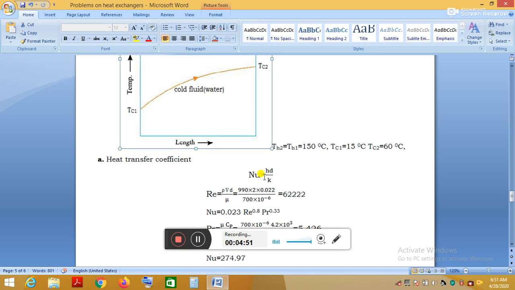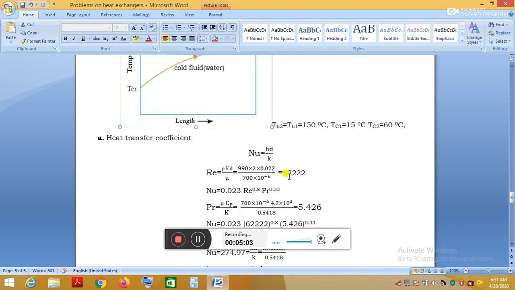We know the diameter of the pipe and the thermal conductivity of the water, but we need to find the Nusselt number. To find the Nusselt number, first we need to find the Reynolds number, which is given by the equation rho V d by mu.